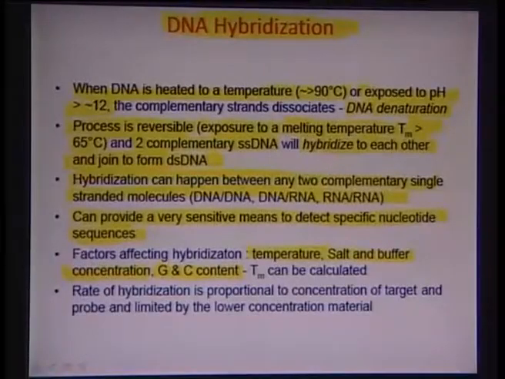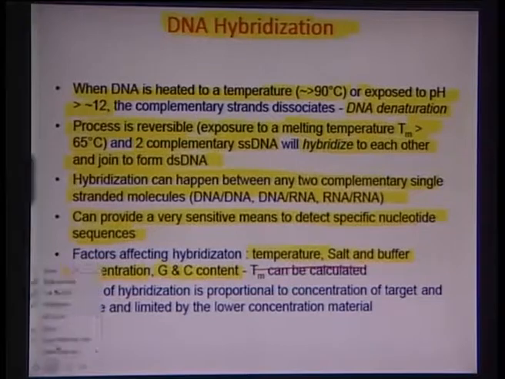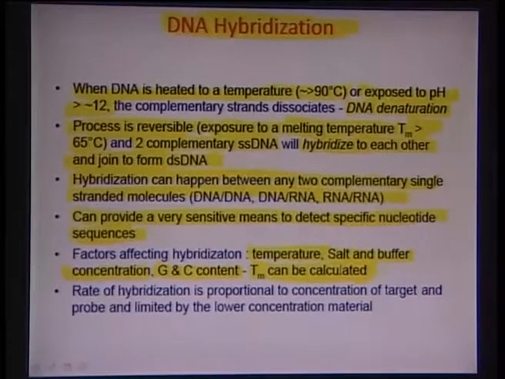Therefore, temperature, salt and buffer concentration, and also the GC content can be critical for finding out the hybridization rate and also the melting characteristics of the particular target molecule.